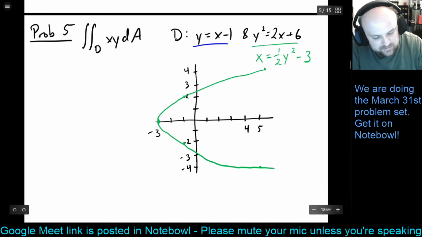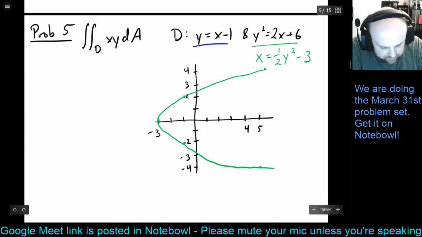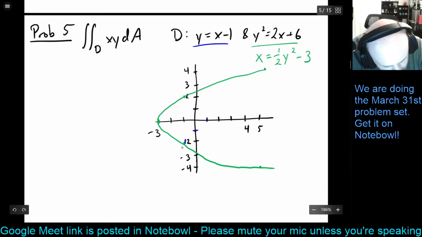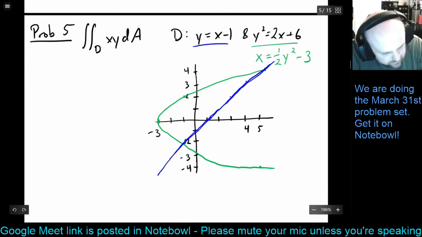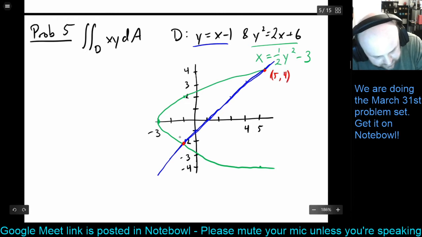The blue one is just the diagonal line that starts 1 unit down. So it actually does connect up at these 2 points here. These 2 connection points are 5, 4, and this one here is negative 1, negative 2.